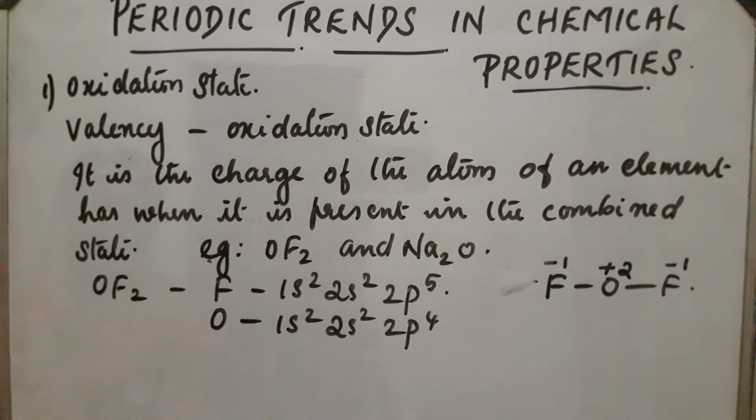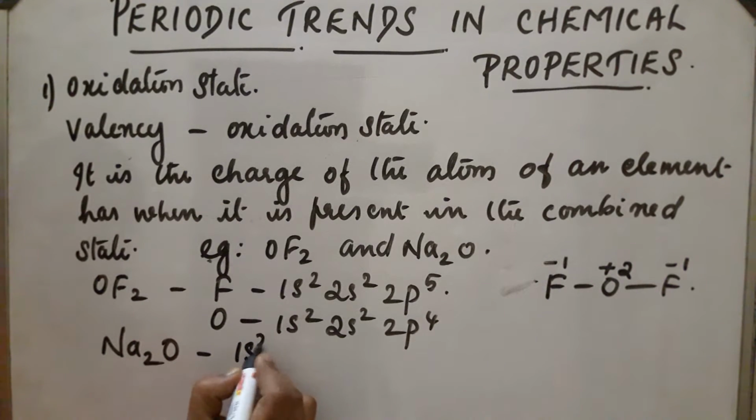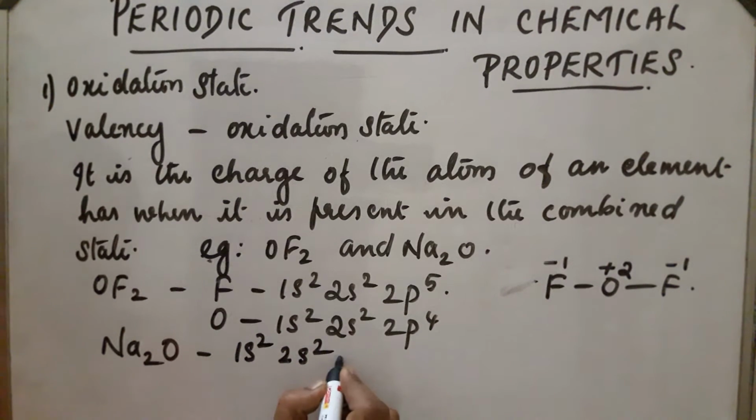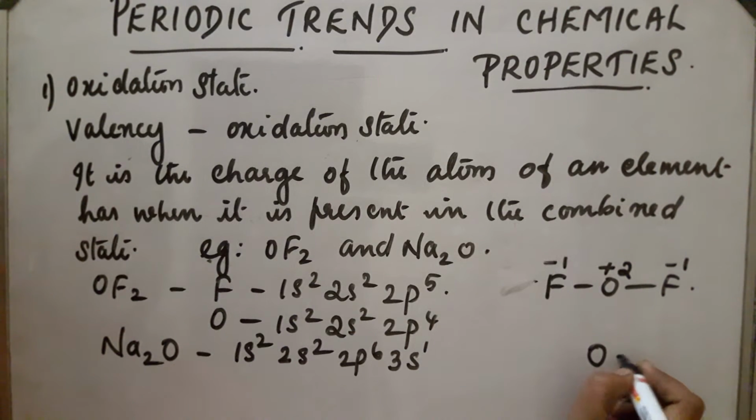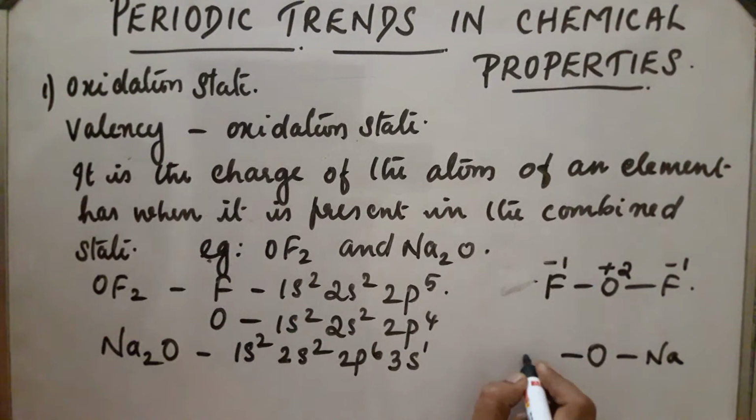Now, let us take Na2O. Oxygen has this configuration, so it requires two more electrons to complete the octet. Sodium's electronic configuration is 1s2, 2s2, 2p6, 3s1, so it requires one more electron to complete its octet. So oxygen, sodium, sodium.